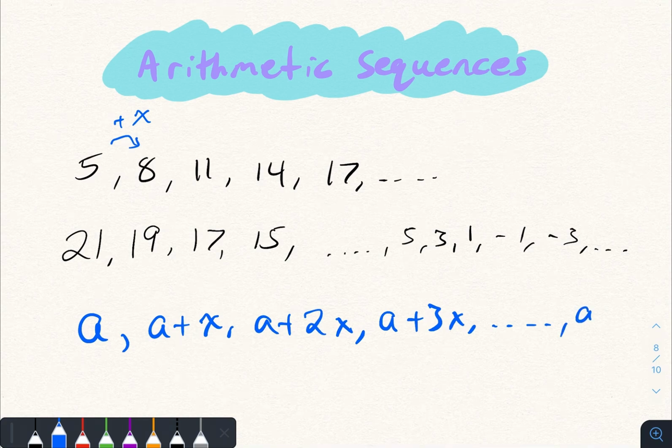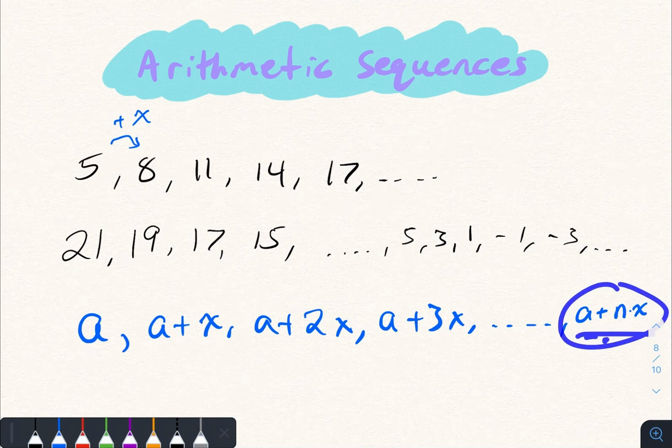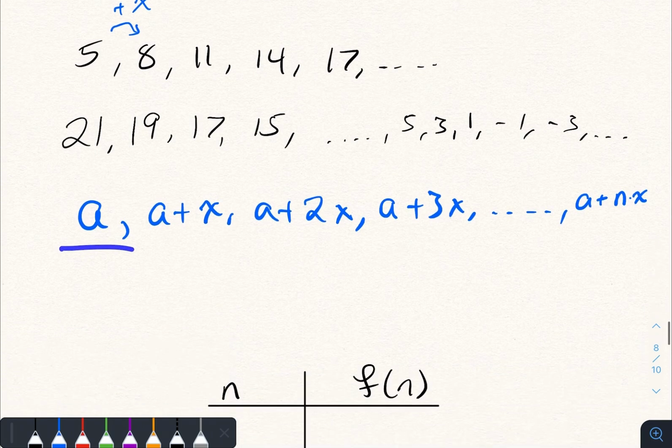And your nth term is going to be like A plus n times X. By nth term, I guess if you consider this the first term, this would be your n plus first term. If you consider this to be your 0th term, then this would be your nth term, but anyway, it doesn't really matter. All of these are going to have the form A plus n times X. This is your n equals 0 case.